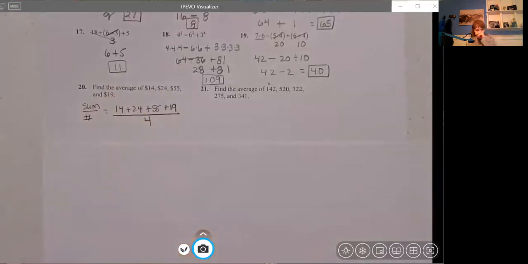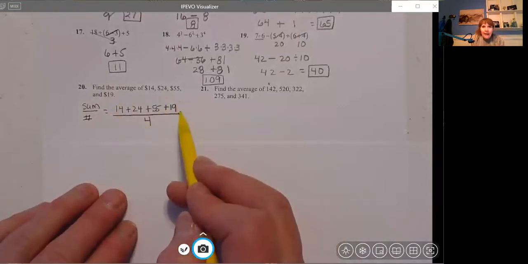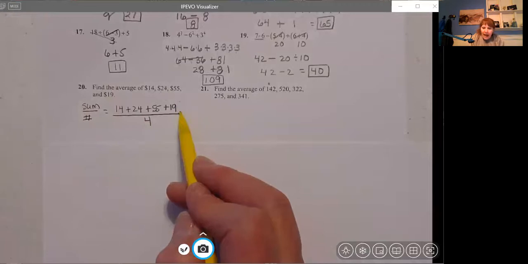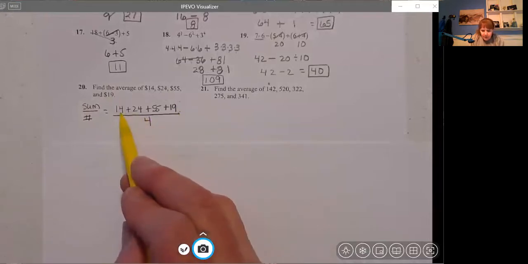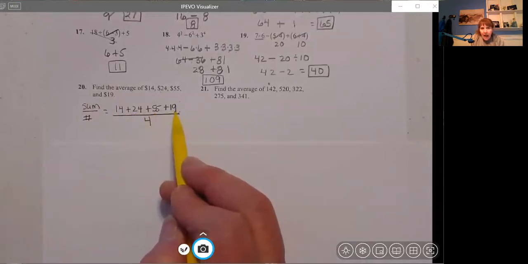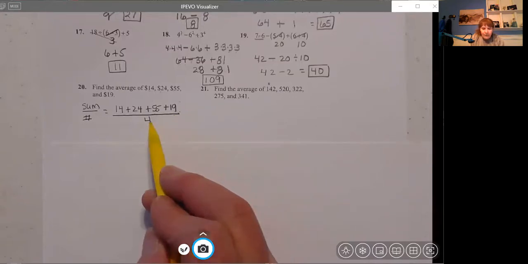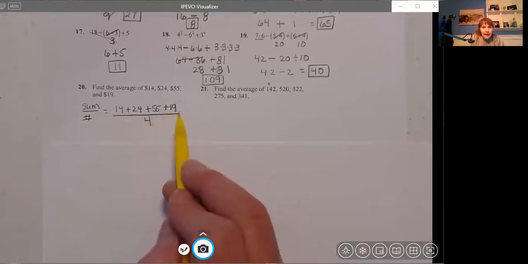All right. One of the things you have to make sure you do is find the sum first, and then you can press your equal and then divide by 4. Because if you put in your calculator 14 plus 24 plus 55 plus 19, and then you just press the division, it knows PEMDAS. It'll take 19 divided by 4 only, because it will do division before it does the adding.